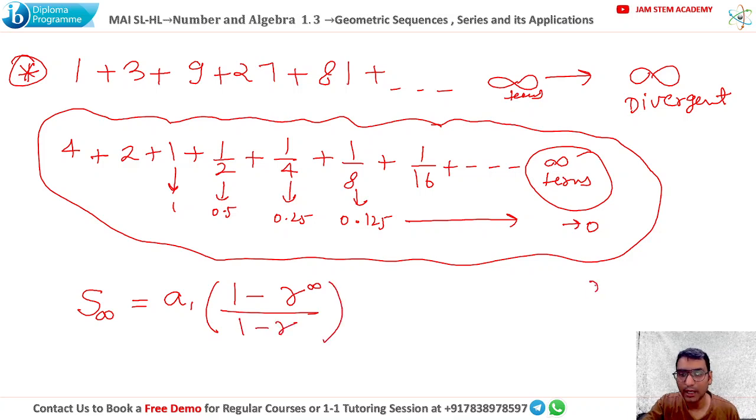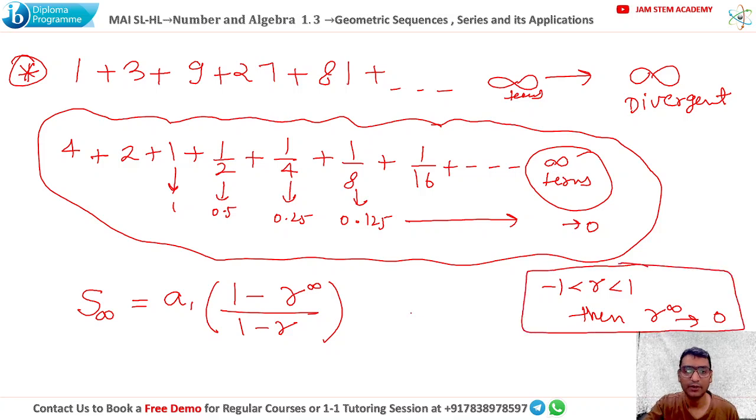And if r is lying between -1 to +1, then we know that r raised to the infinity will tend towards 0. Okay, and hence we got our result, which is the sum of infinite terms of a GP is given by a1 over 1 minus r only. So this term becomes 0.